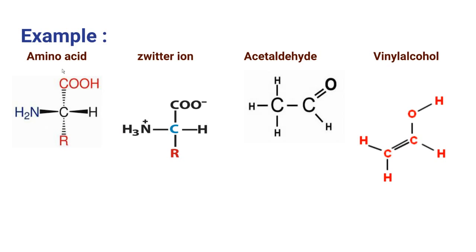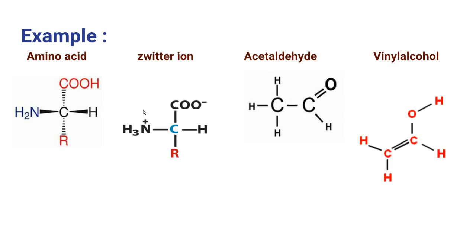Amino acid, as the name indicates, has an amino group, that is NH2, and an acidic group, that is COOH, the carboxyl group. Now, this is an amino acid and this is a zwitterion. A zwitterion, formerly called dipolar ion, is a neutral molecule with both positive and negative electrical charges. So a zwitterion has simultaneously both ionic states, that is cationic and anionic.